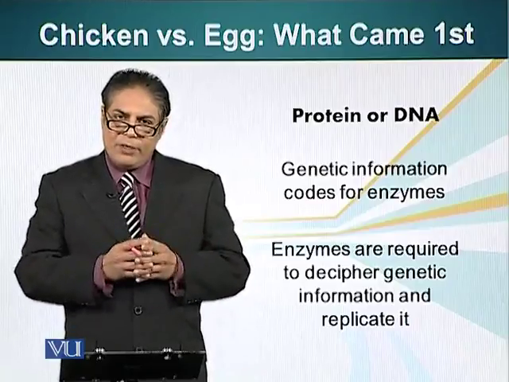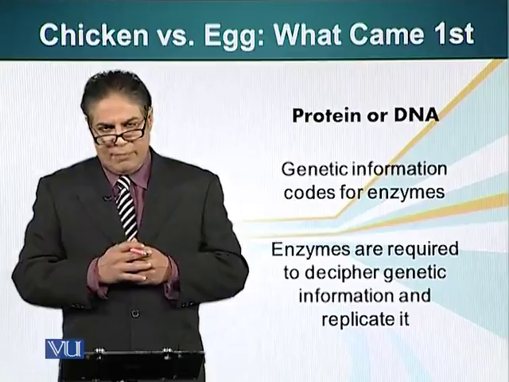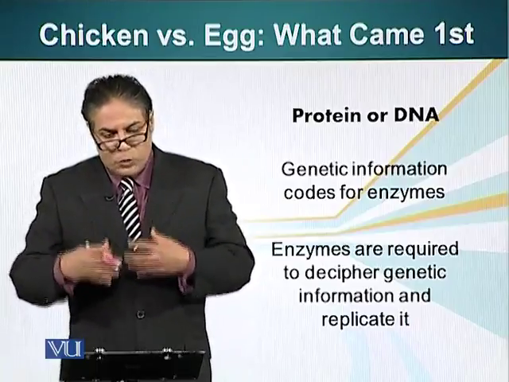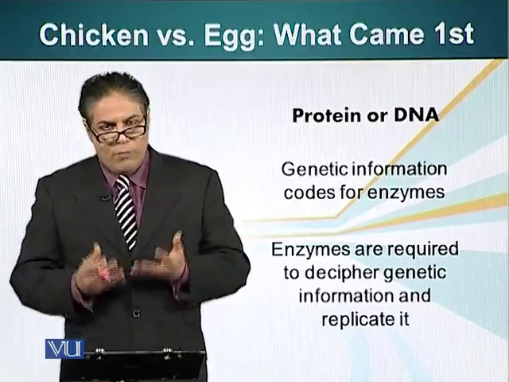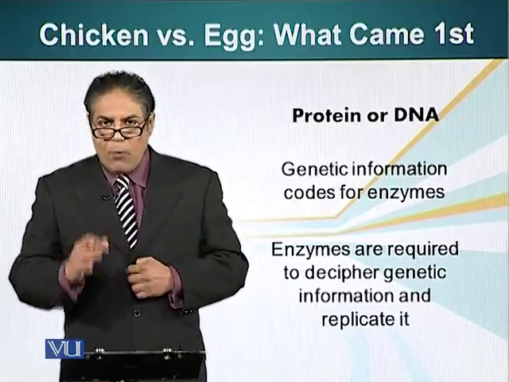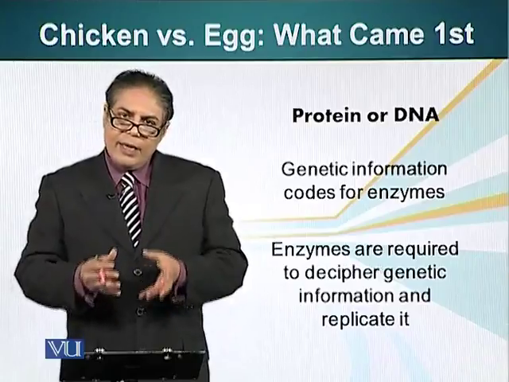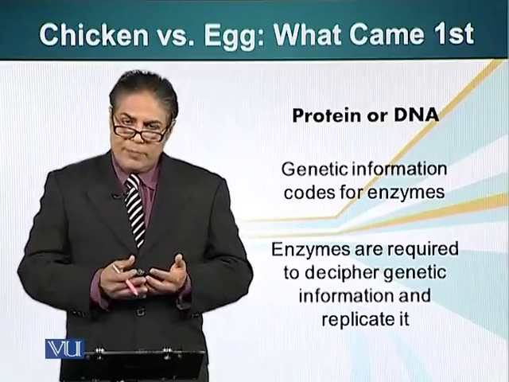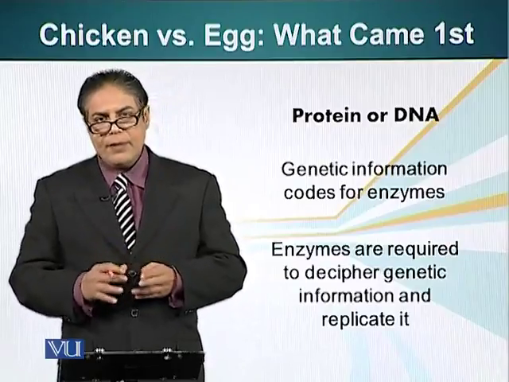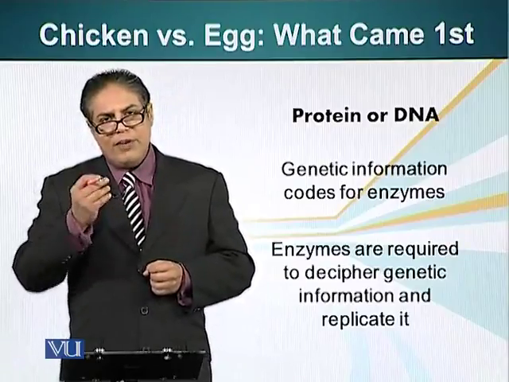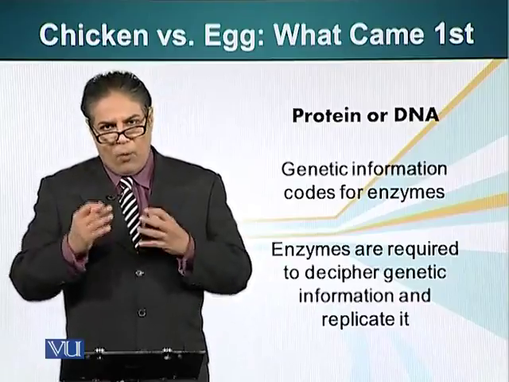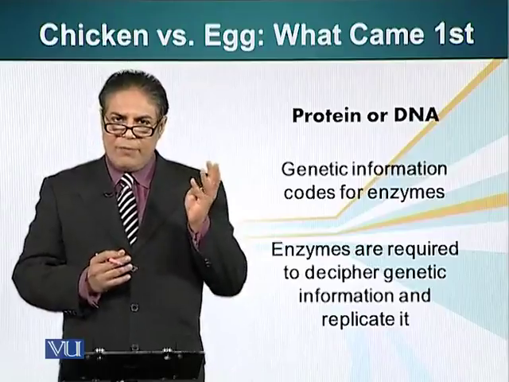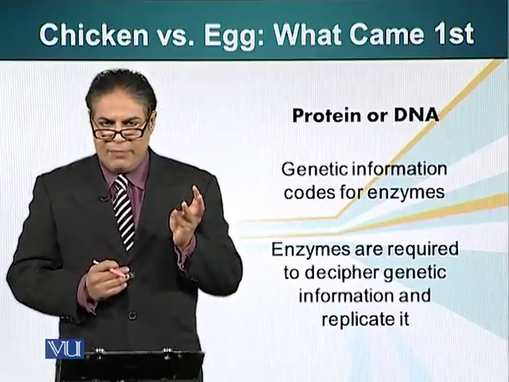If the DNA came first, it would not be able to replicate itself, or it would not be able to do any functional work without the presence of proteins. Proteins, on the other hand, need something to code for them, and DNA codes for proteins. So what came first? What we are talking about is that we need two types of activities in order to sustain a living system: genetic information and enzymatic activity.